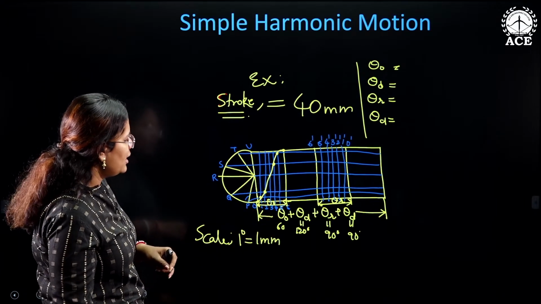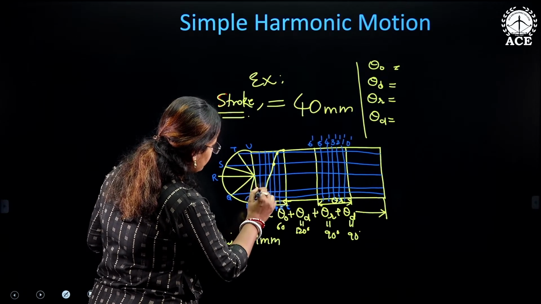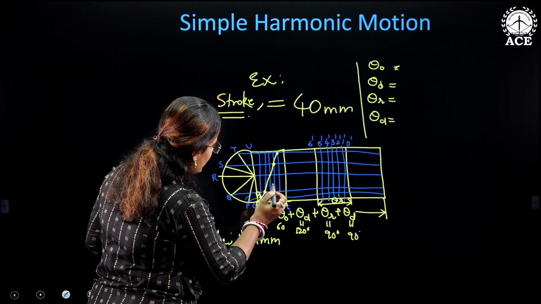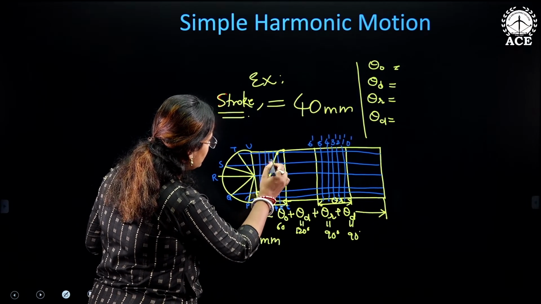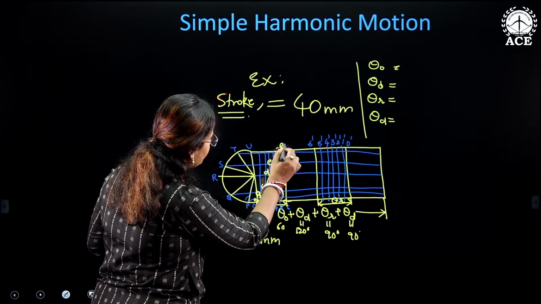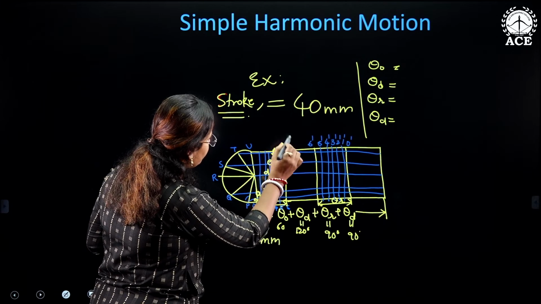like this, let us say ABCD, A here, B, C, D, E and F, and G. Okay.